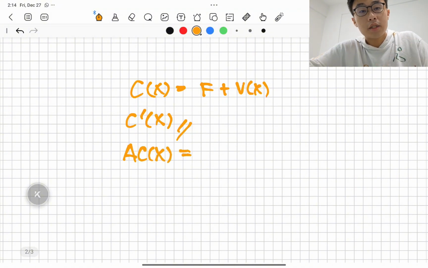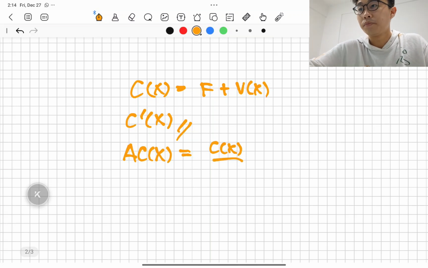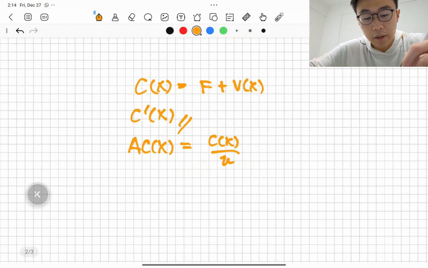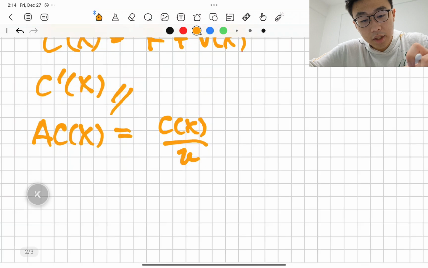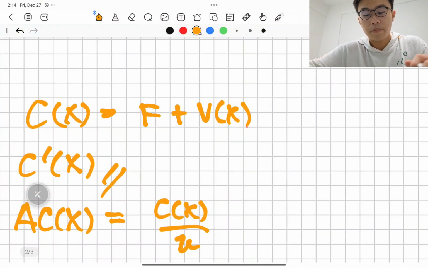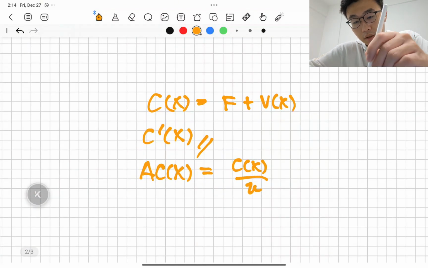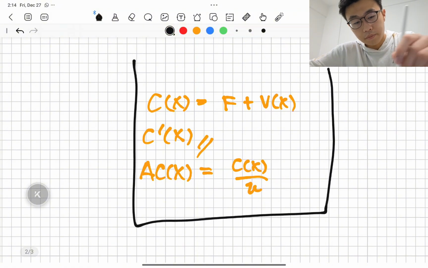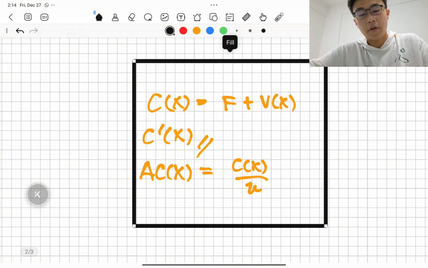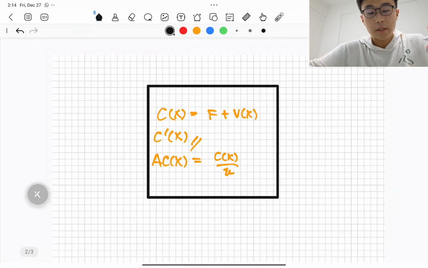It is the cost function divided by the number of products produced, or the quantity of production, which is x. So the x in the cost function, in the V(x), is actually the number of products produced. Okay, so this is the cost function.